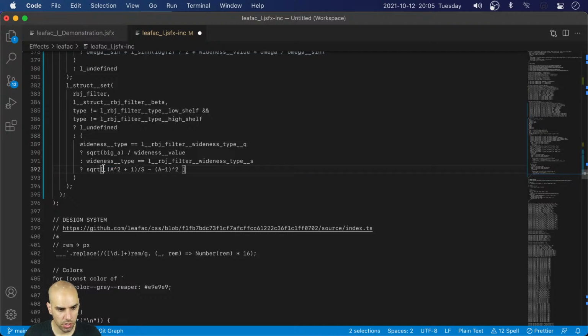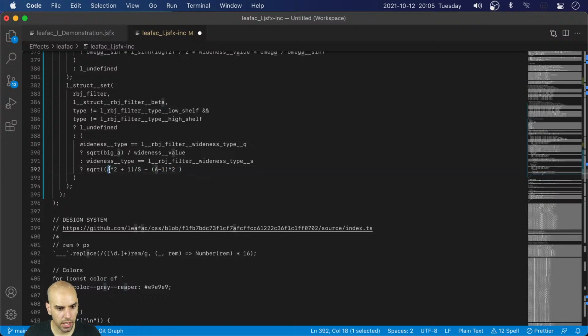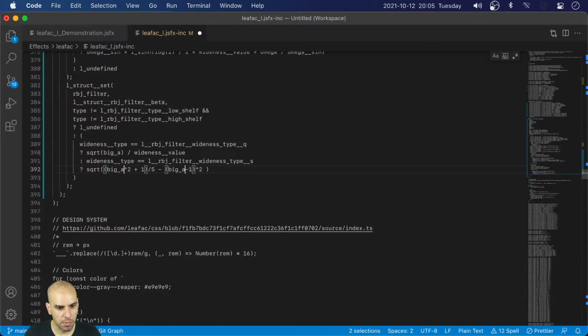And there shouldn't be square brackets, they should be parentheses, and this should not be capital A, it should be big A, and this should not be S, it should be the wideness value. And I'm going to put some spaces around this, and then remove that space there.